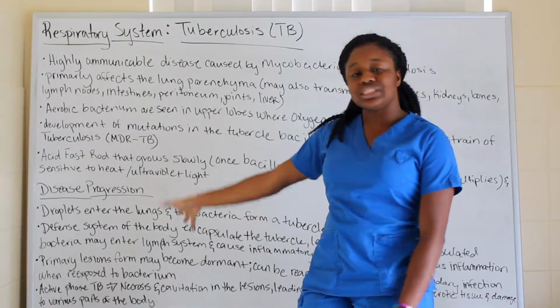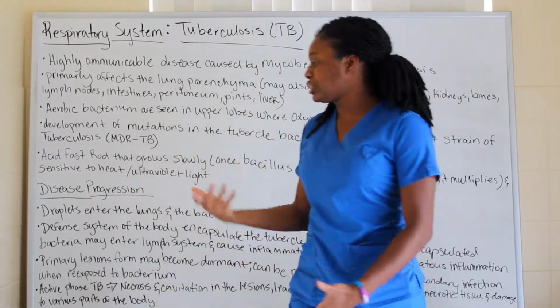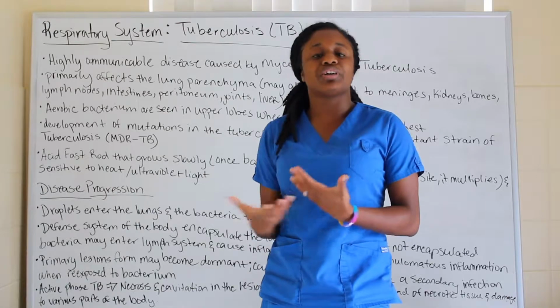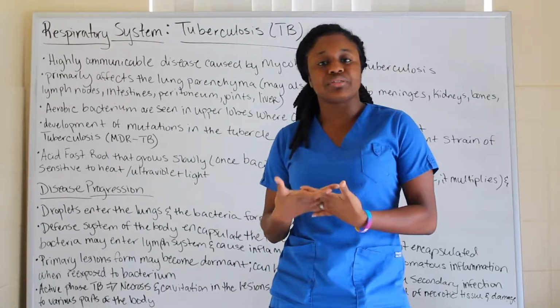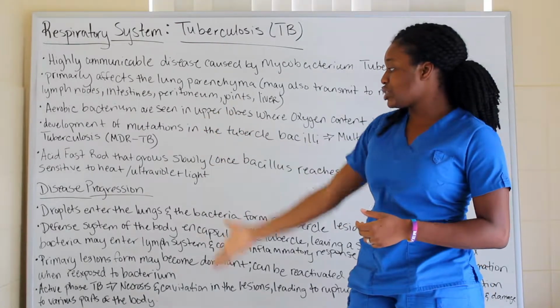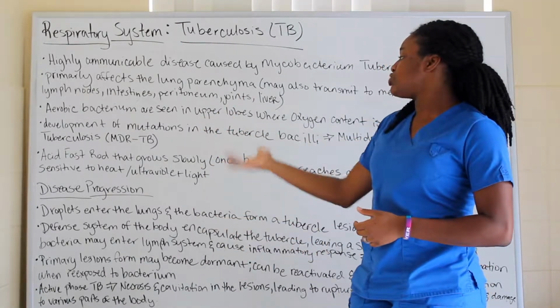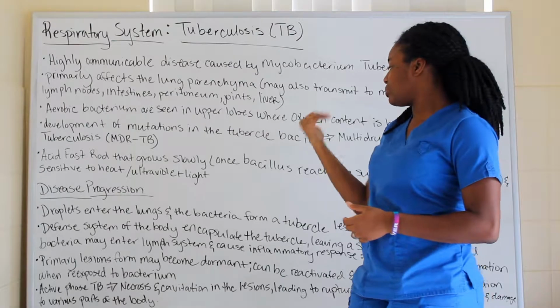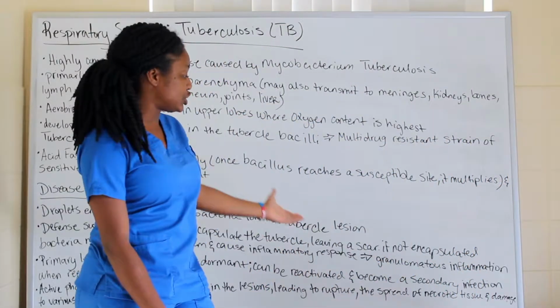Now we have the disease progression. This gives you a better understanding of how it's deteriorating the respiratory system. Of course, it's droplet, and the droplet enters the lungs, and the bacteria form a tubercular lesion.